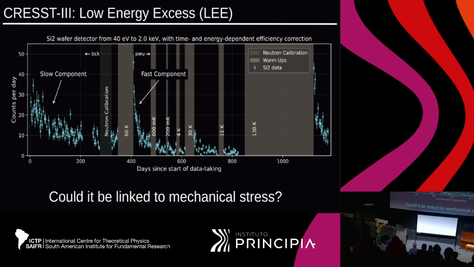And after that, they had a huge spike in these single electron events. And this is already at the operating temperature. If not, you cannot read the transition edge sensor. So this is already at 15 millikelvin. But then you have a very long relaxation time that takes many days, and it's not clear why that is happening.